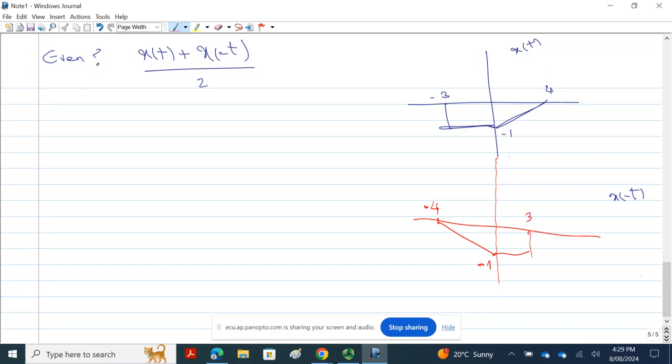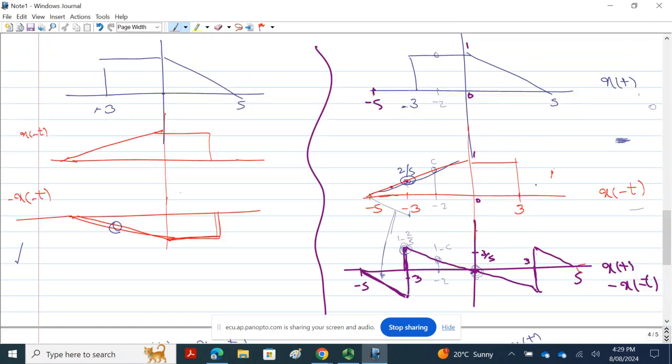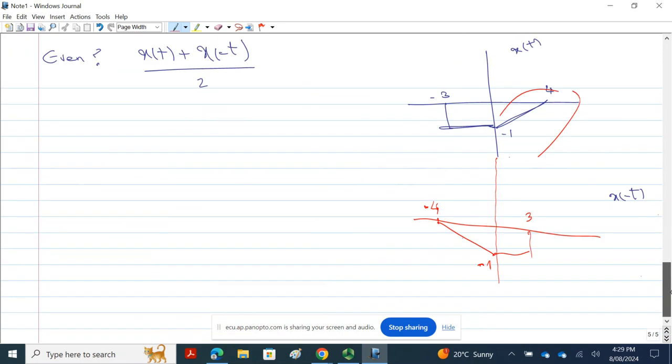Okay, I just got like the mirror of the signal. This one. It's gonna be messy. I'm sorry. And now I have to find the slope, which is going to be. Okay.